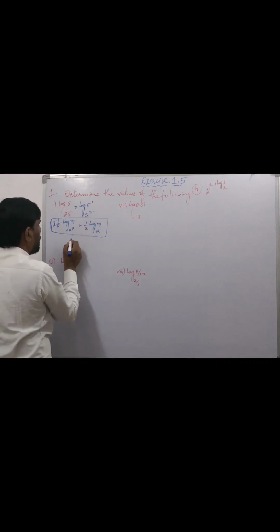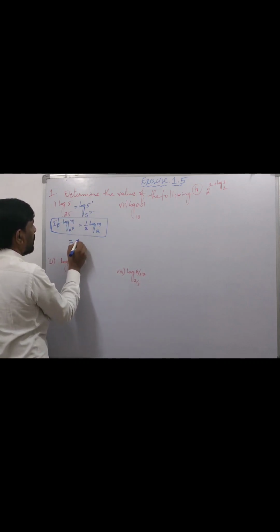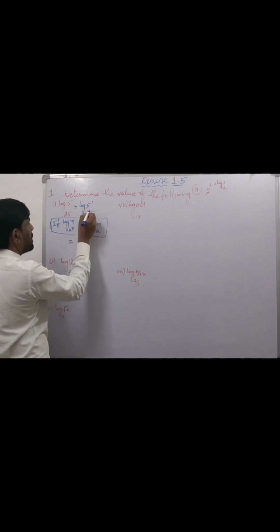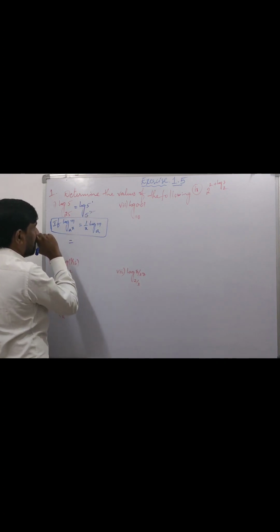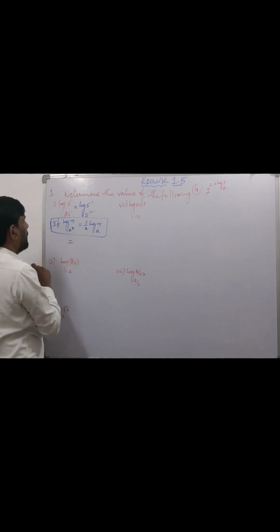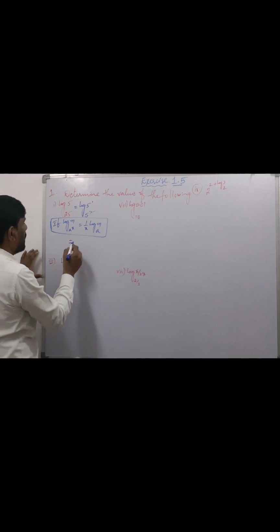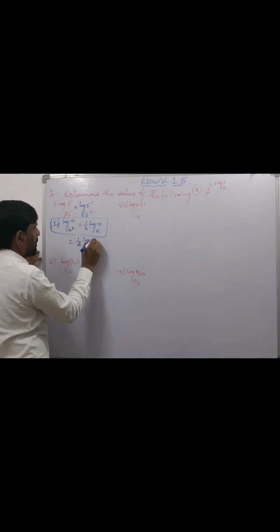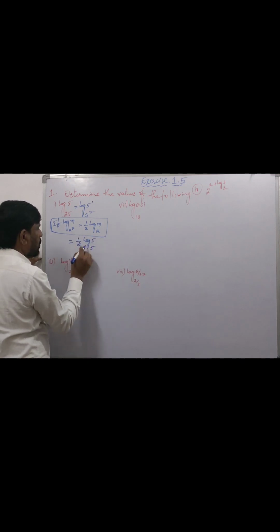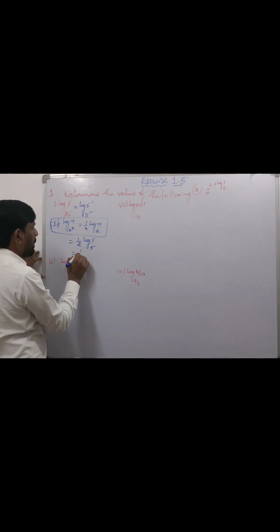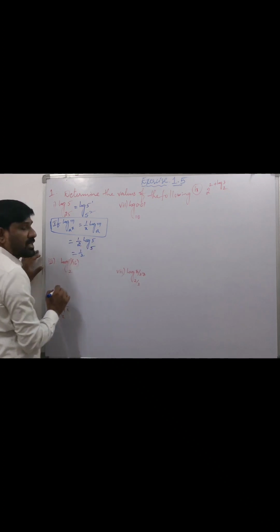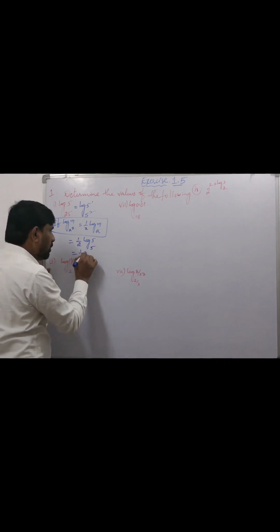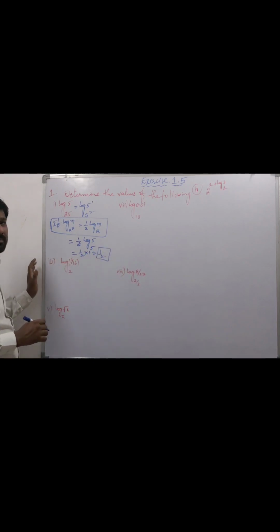So according to this formula, here m is 5, x is 2, and we get 1 by 2 into log 5 to the same base 5. The logarithm of a number to the same base is unity, so 1 by 2 into 1 is equal to 1 by 2 is your answer.